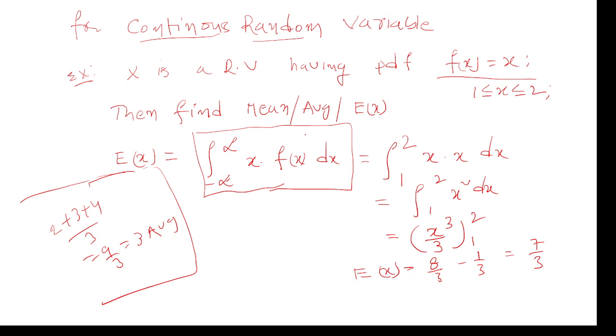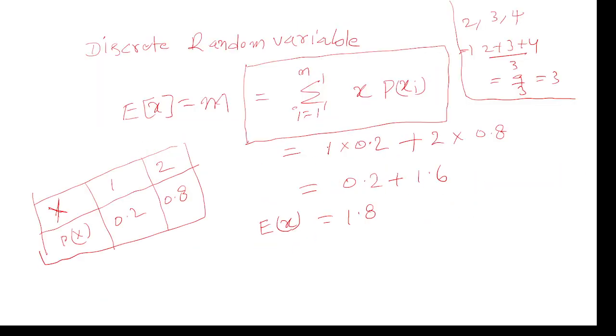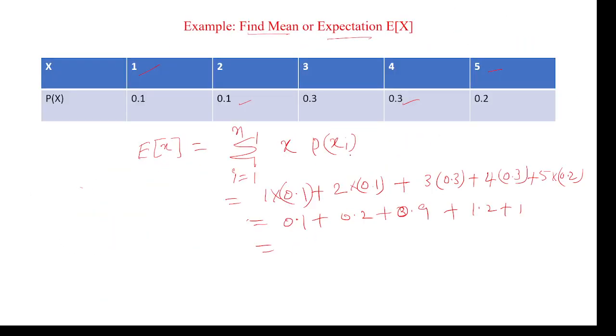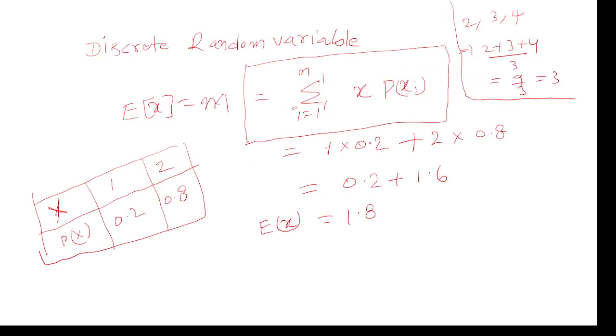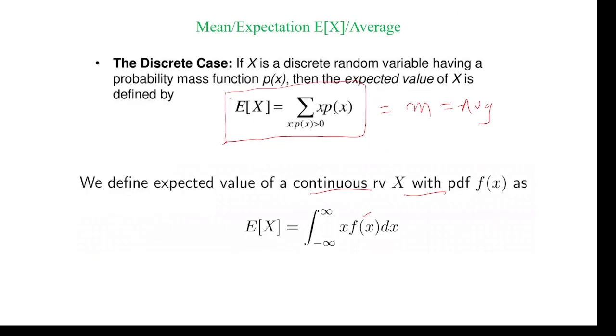For a continuous random variable, it is x into f of x dx. For a discrete random variable, it is sigma x into probability of x. So we can easily calculate the mean in random variables with x into p of x, and if it is a continuous random variable, x into f of x into dx.